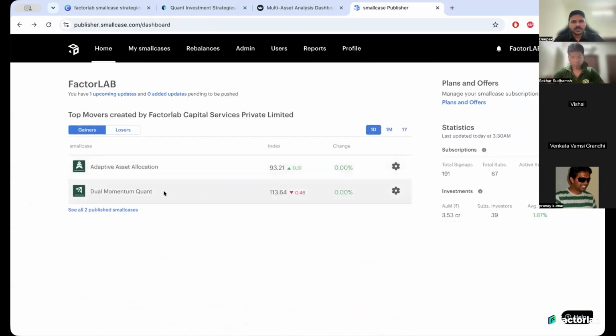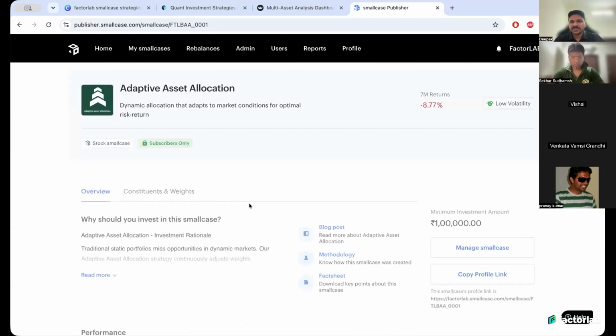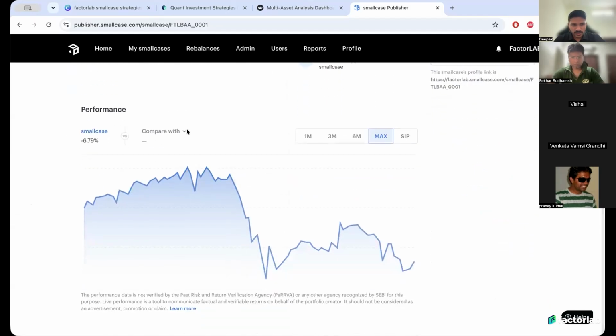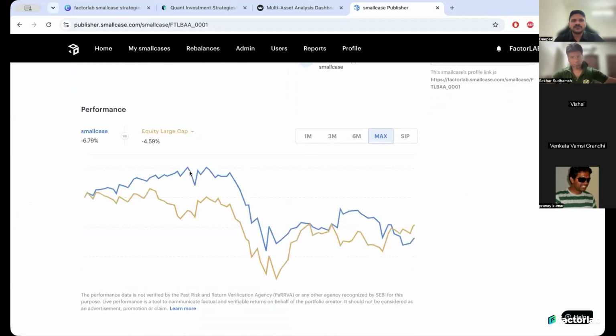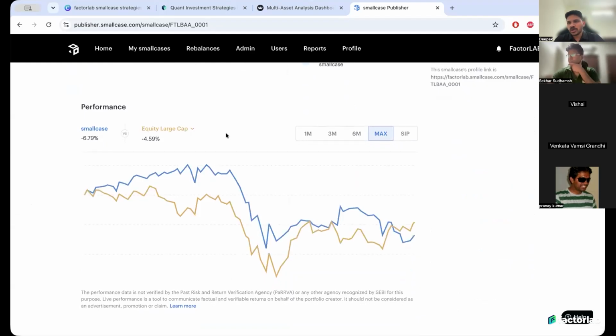And when you look at adaptive asset allocation, we compare that with Nifty 500, which is a more equivalent index here. So far, we've been able to beat the benchmark. In the last few weeks, it's down versus the benchmark by about 2%, but we are expecting the strategy to recover.